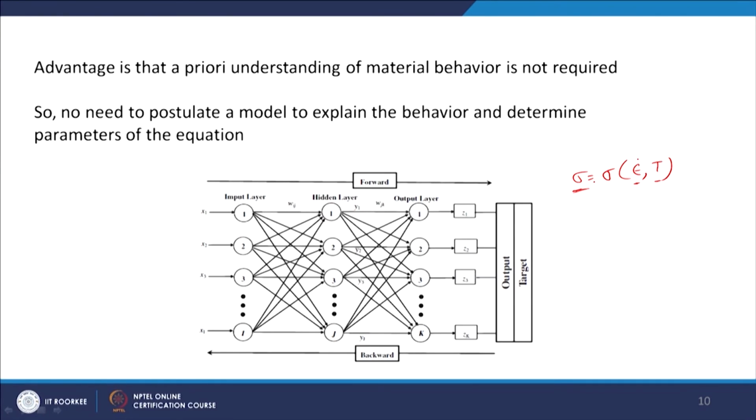Basically, your ANN model will be trained with the data which you have initially, and what ANN actually does in between is it fits a lot of polynomial equations to your data, and from there it tries to minimize the error, so that it gets a curve which can be used to predict the flow stress for any other condition.